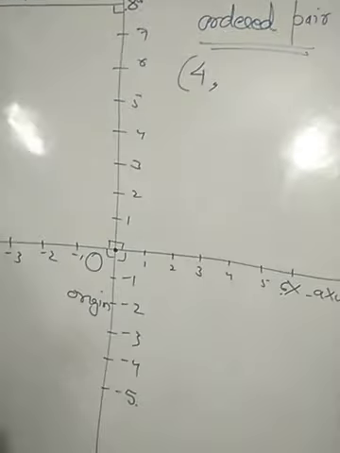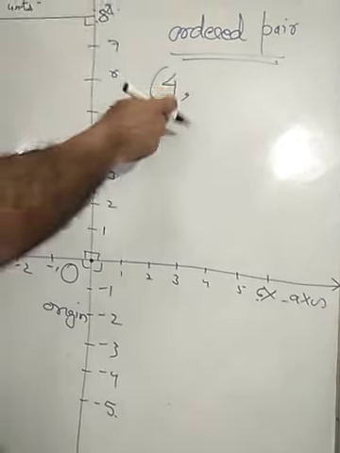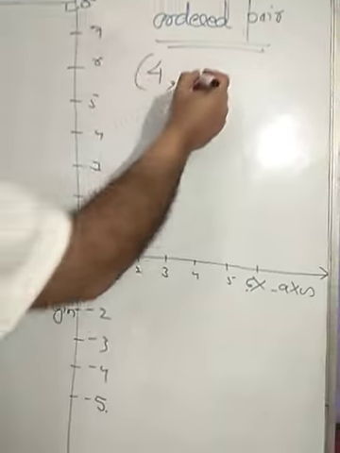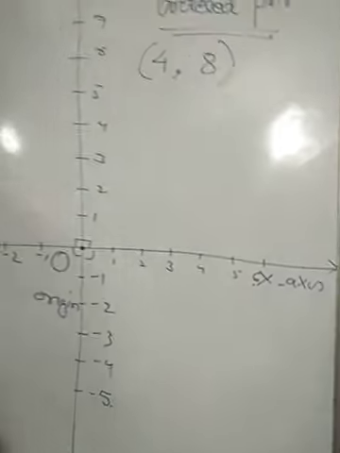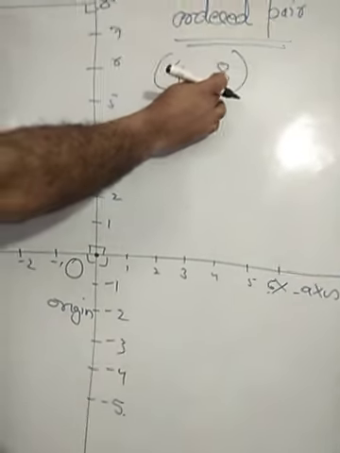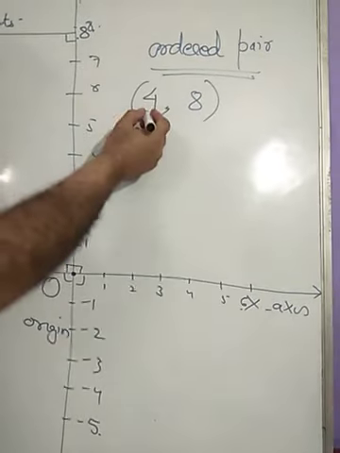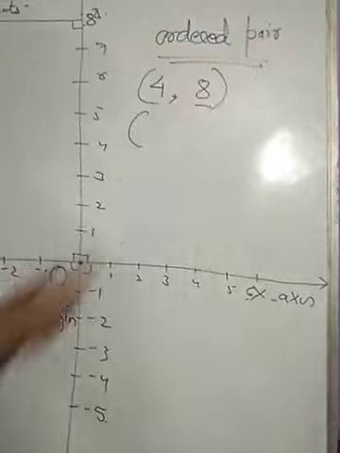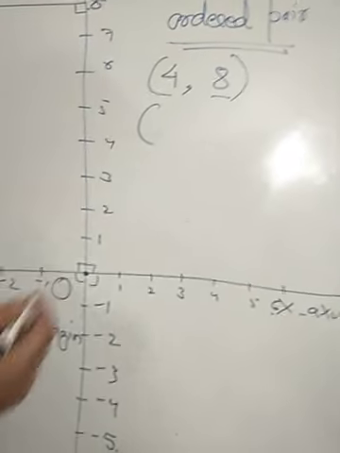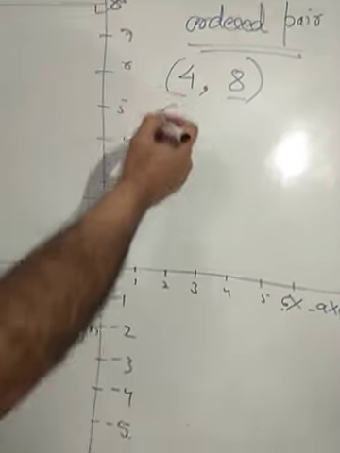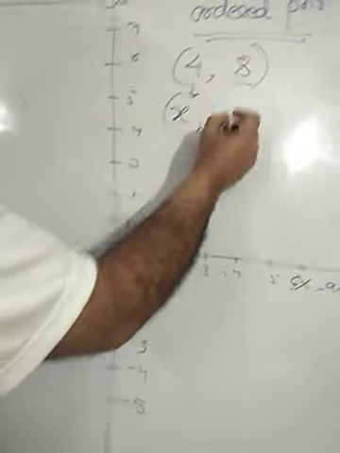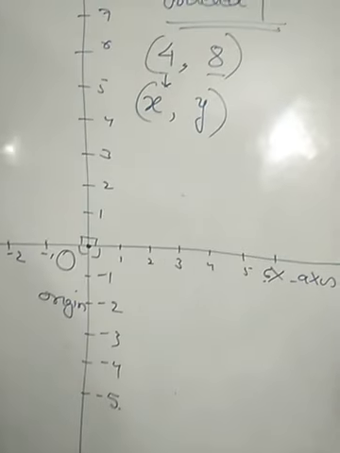The small bracket, parenthesis, then comma, and then we write the distance from the x-axis. These are called the coordinates of a point. The first coordinate is called the x coordinate and the second is called the y coordinate.